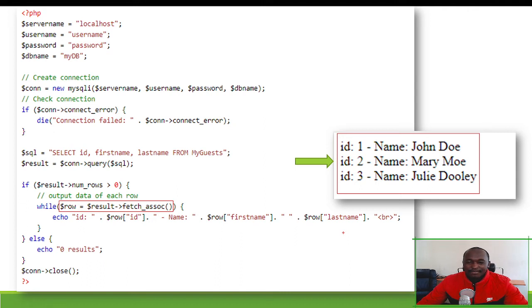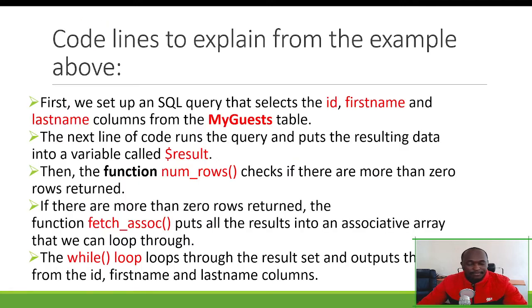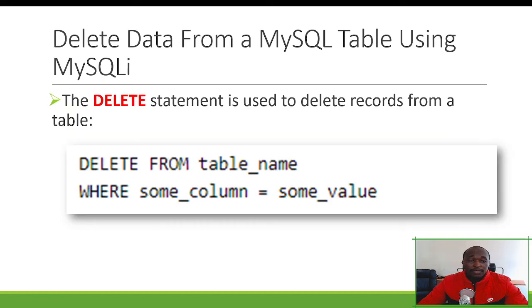And sometimes we use a for each loop rather than while to do that. Okay. So I have already explained that, so I'm not going to go over it again.